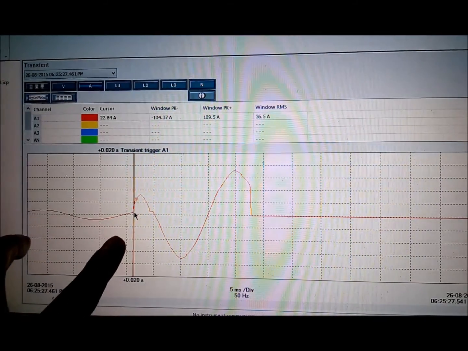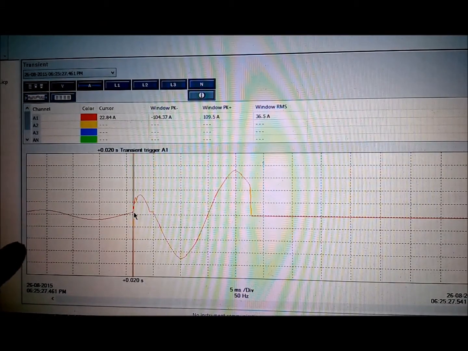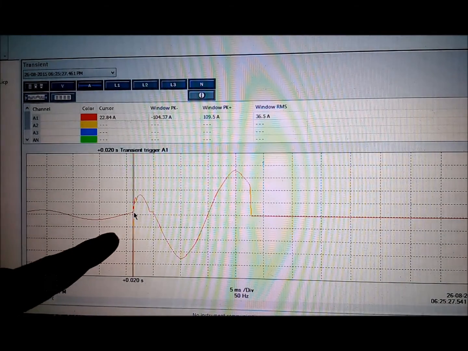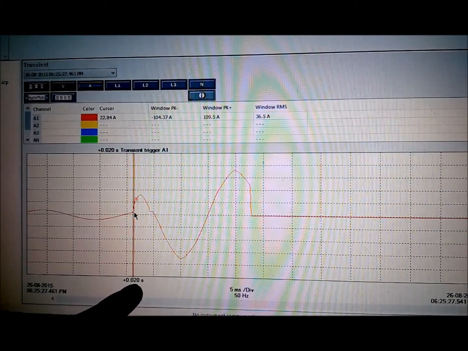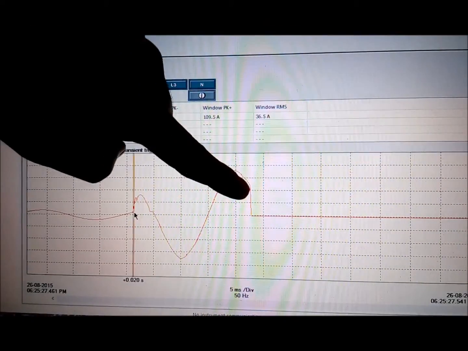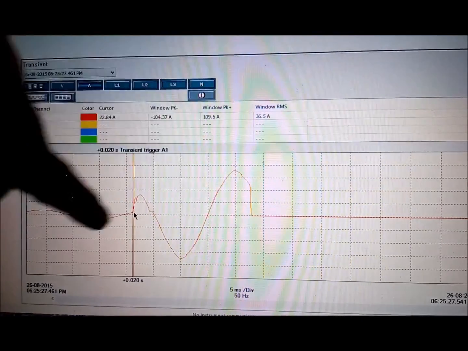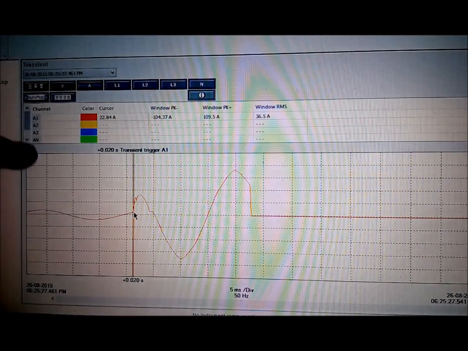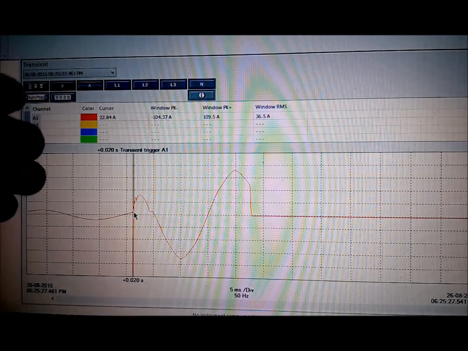This is the region wherein the load was normal, and at this point, at 0.020 seconds, that's 20 milliseconds, the fault started, and this is the time when the MCB got tripped and the load suddenly drops to 0.